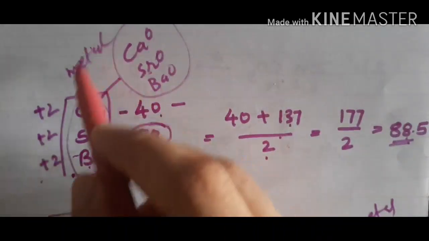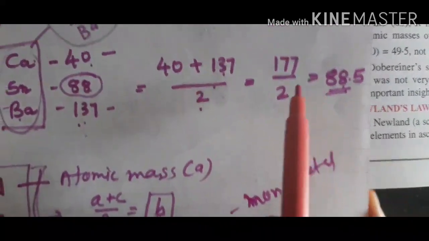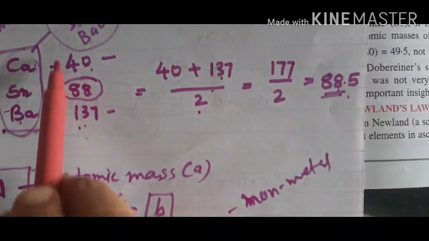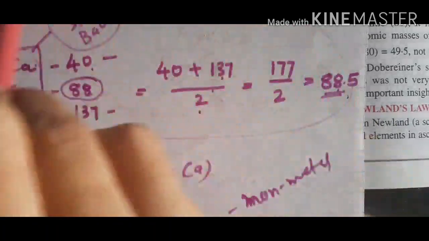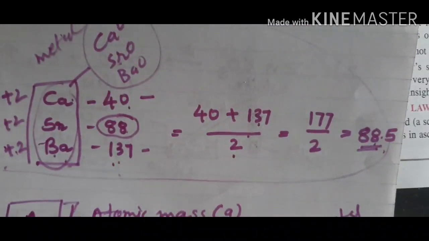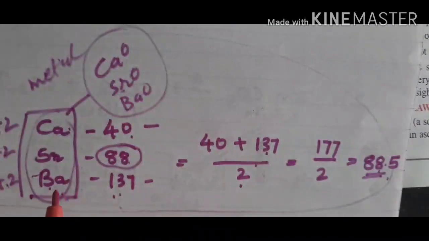So these three have similar properties, plus in this triad we can also find the atomic mass. By this way he made these triads. Okay. So I am repeating all this, if you are not able to understand, it is given in your textbook.